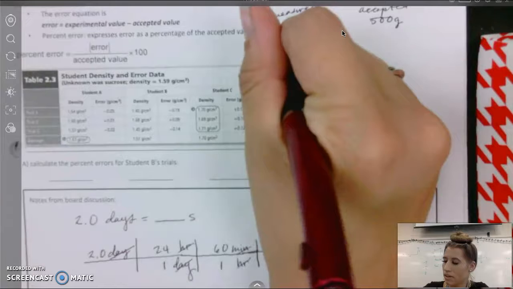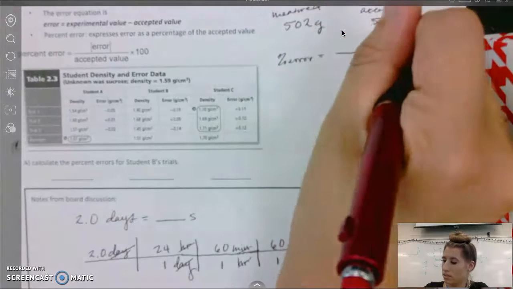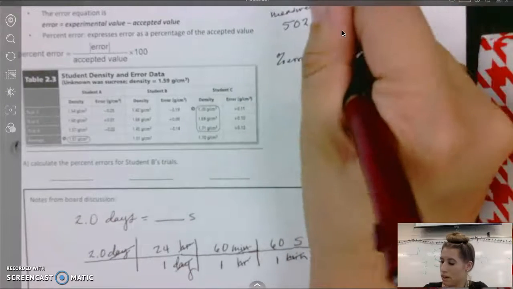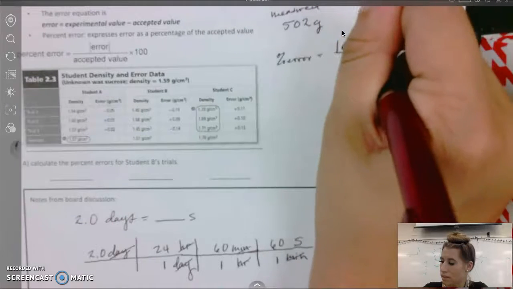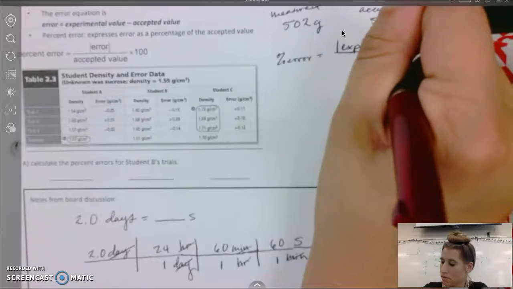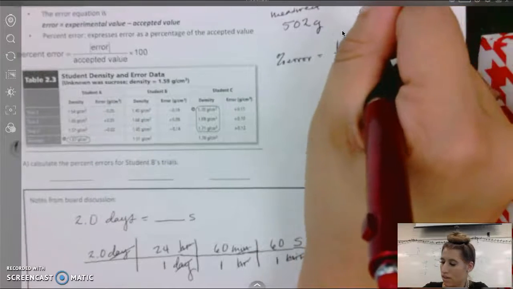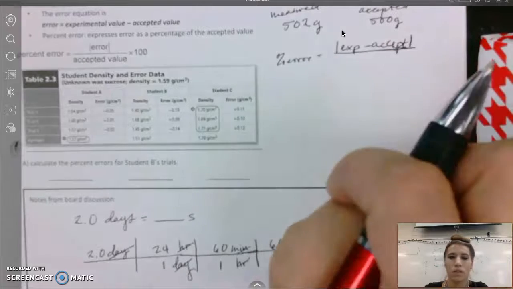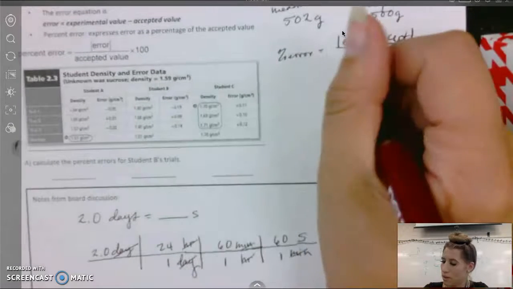Okay? So I'm going to rewrite this. I'm going to say percent error is equal to the absolute value of my experimental value minus my accepted or actual value. Okay, that's in absolute value marks, right? And then that'll be divided by the accepted.